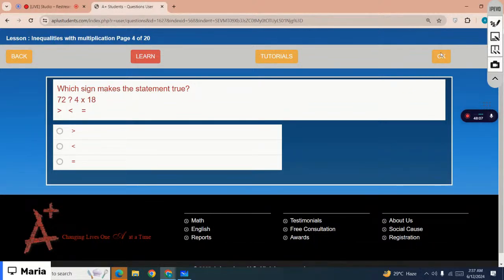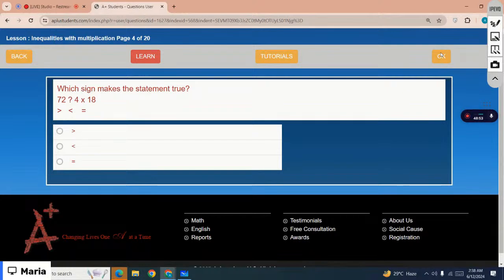Which sign makes the statement true? 72 and 4 times 18. The correct option is equal.